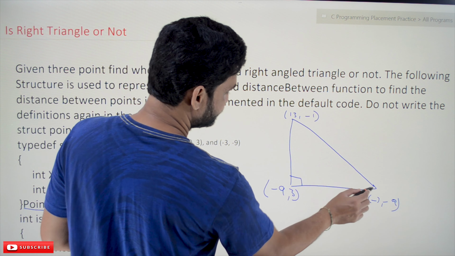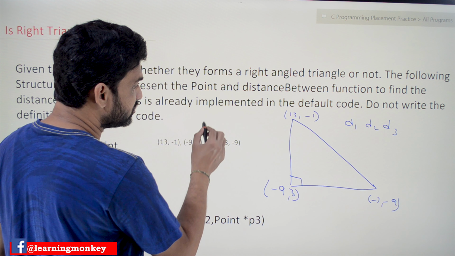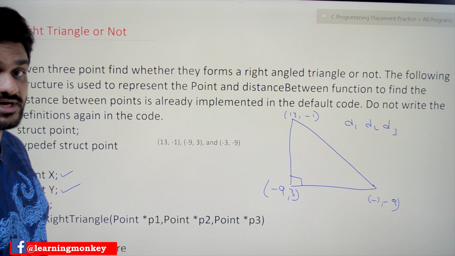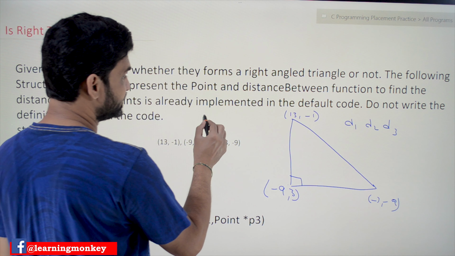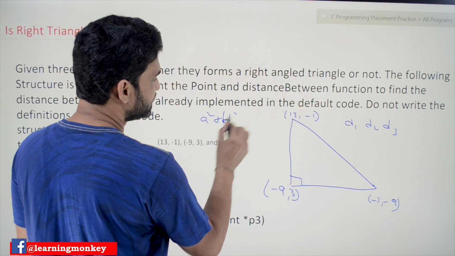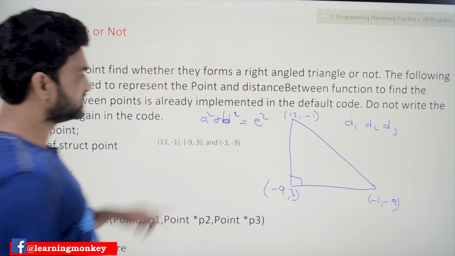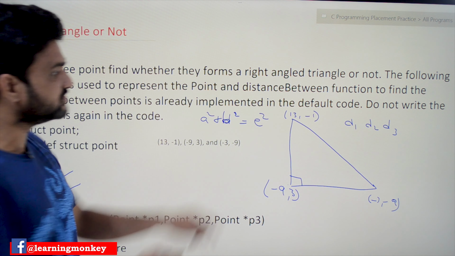Why do we have to find the maximum distance? Because to find whether it is a right angle triangle or not, we have to use the Pythagoras theorem. The Pythagoras theorem states that a square plus b square is equal to c square. So these are the distances: a square plus b square is equal to c square.